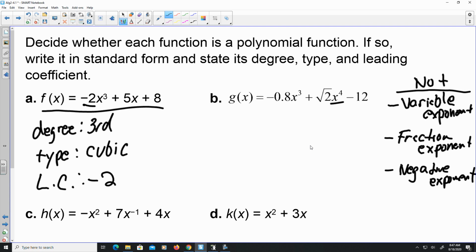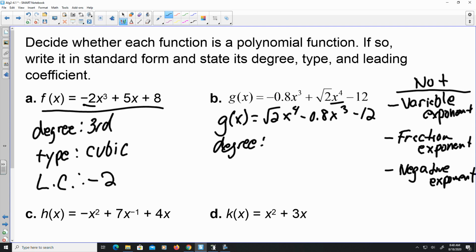So to rewrite this, it is going to be g of x is equal to the square root of 2x to the fourth minus 0.x to the third minus 12. The degree in this case is a fourth degree. The type is quartic. I have a hard time saying that. And finally, the lead coefficient in this case is the square root of 2.